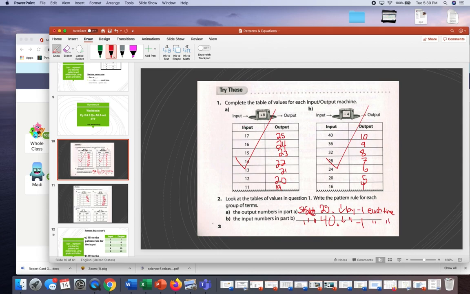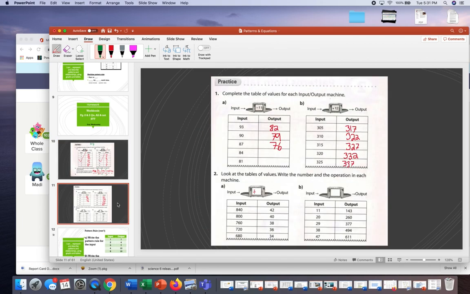So for this part, you can actually give yourself a couple more marks. Let's give yourself a mark for the start at 25. And then another mark for decreasing. And then another mark for the amount, which is -1. Same thing here: 40, decreasing, again, -1. So this page you can say is out of 8 marks. So maybe you got 6 out of 8, for example. Okay? Alrighty. Next one is this page.